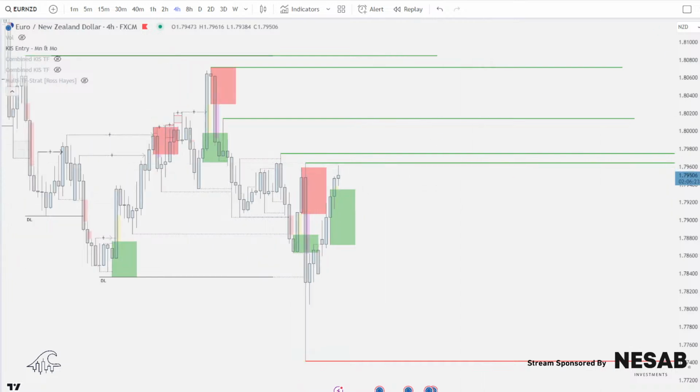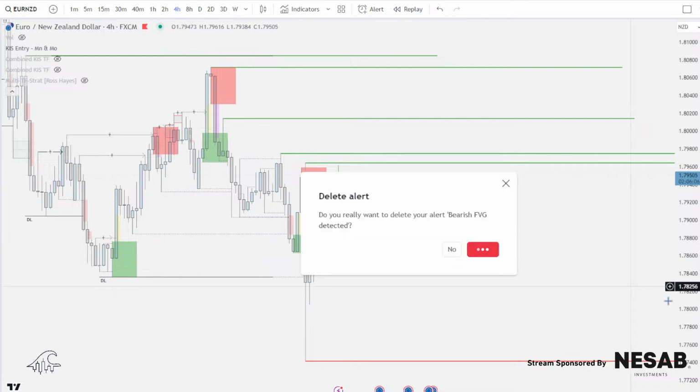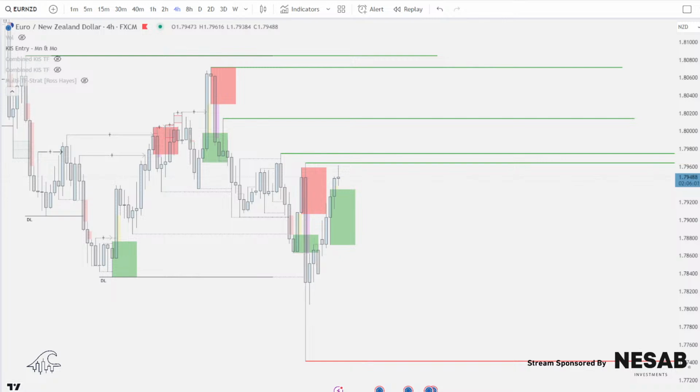Do we have an alert for this? I will see. Euro A, Euro A, Euro A. We do not. Let's get rid of that. Get rid of this. Get rid of that XRP. I don't need that anymore.